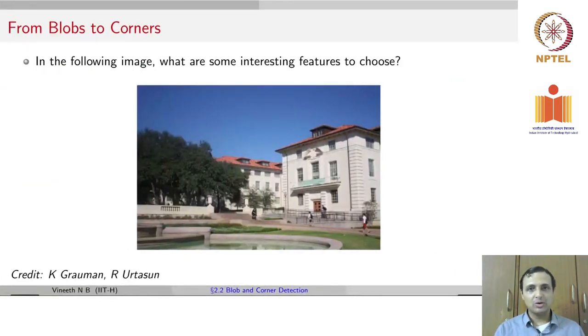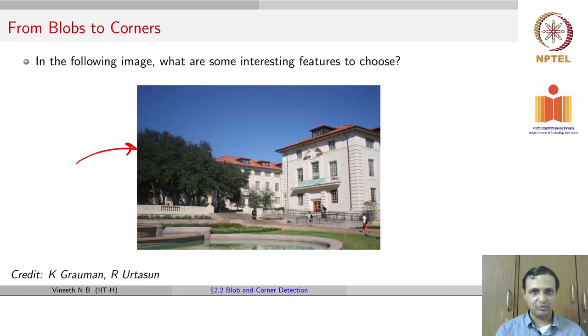Let's now move forward to the next artifact, which is very useful to extract from images. For a large part, extracting corners from an image was a very, very important area of research in computer vision in the late 90s and early 2000s, or probably the entire 90s into early 2000s. So we'll try to describe one popular method today, and let's start by asking the question, suppose we had an image such as this.